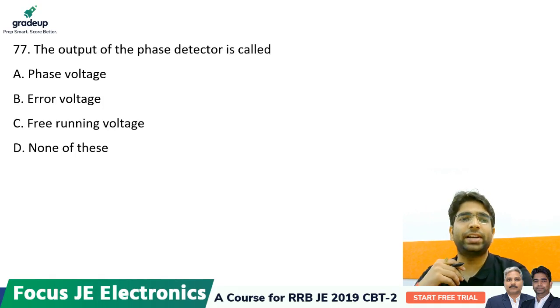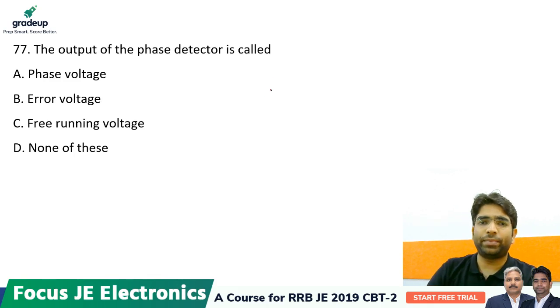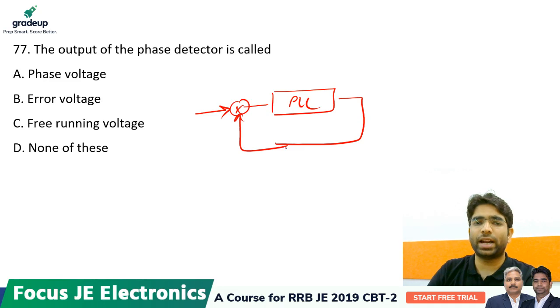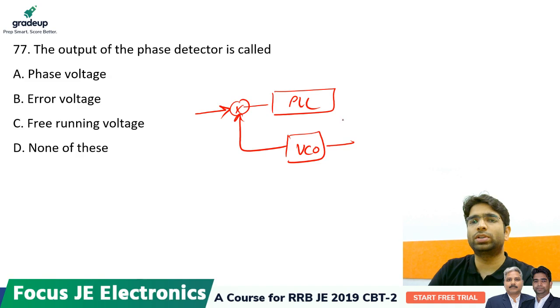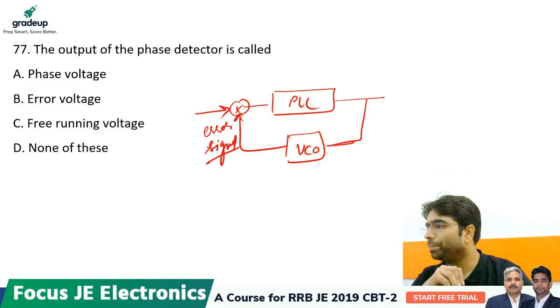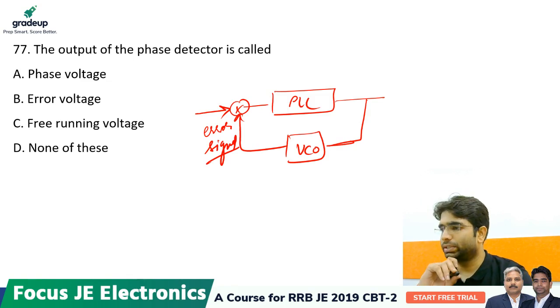The output of a phase detector is called, my dear friends, there is a PLL, phase locked loop, and the output which is to be measured. Here there is a VCO, voltage controlled oscillator. This output is actually an error signal that is to be compared.